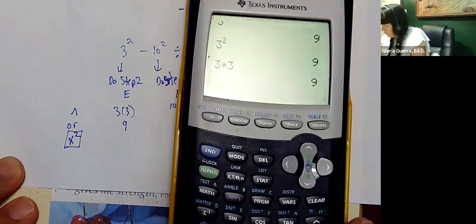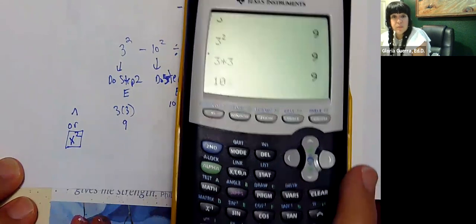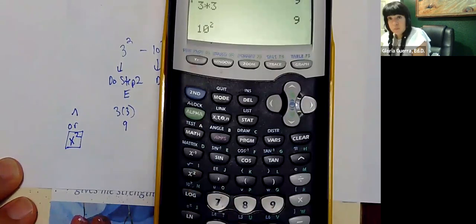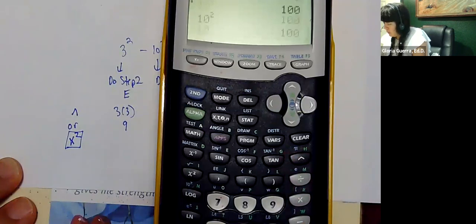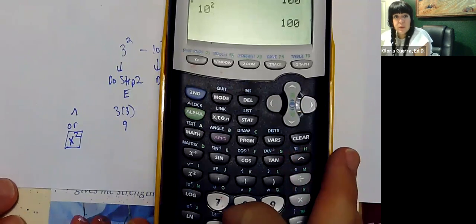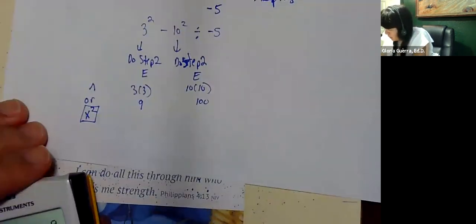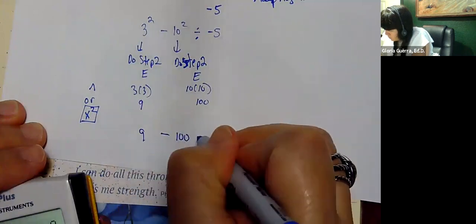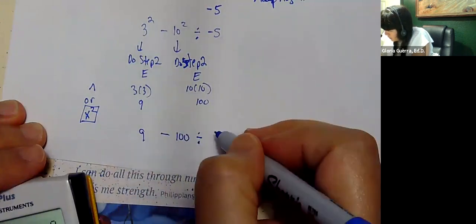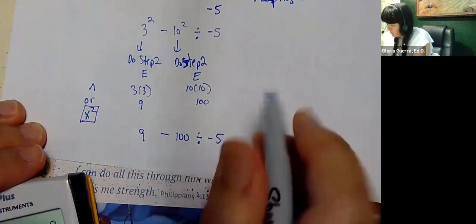You do 10 and then hit the x squared button, or you do 10, the hat, and then the 2. That's 100. So now when you rewrite it, 9 minus 100 divided by negative 5.